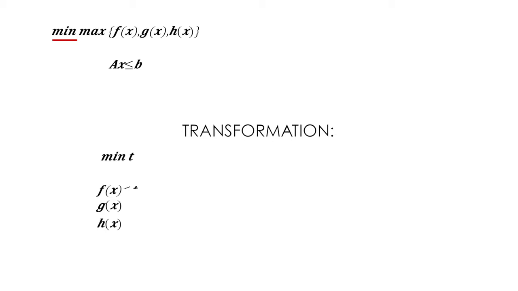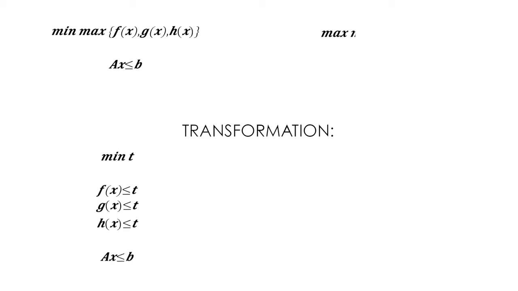So we say that t is greater than or equal to f of x, t is greater than or equal to g of x, and t is also greater than or equal to h of x. With these three new equations and with the new variable t, we are able to get the maximum value among the three functions that we want to know, and we minimize that value as much as possible. And then, of course, we have your regular constraint, Ax is less than or equal to b.